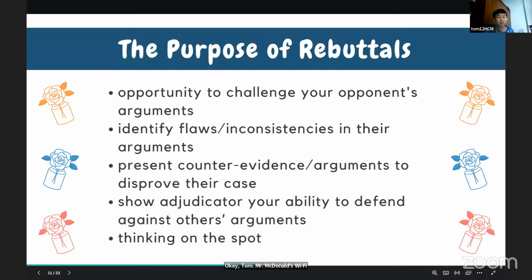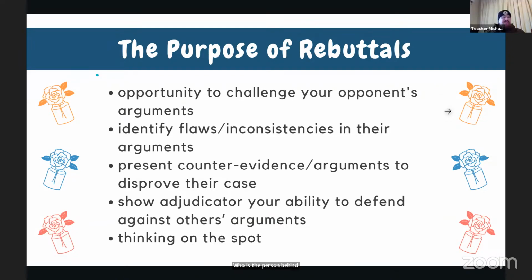Okay, I have a question. Who is usually the person who makes rebuttals, like asking questions and proving their points? Who is the person behind rebuttals? So every speaker in the debate, except for the first proposition speaker, will have a chance to make rebuttals. So the first opposition, the second proposition, second opposition, third proposition, and third opposition will all have a chance to offer rebuttals.